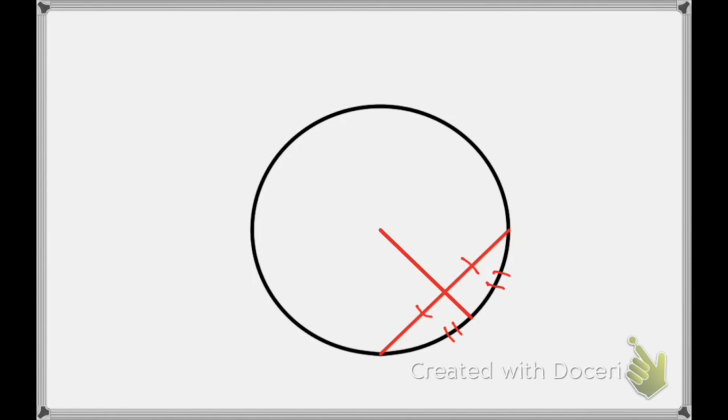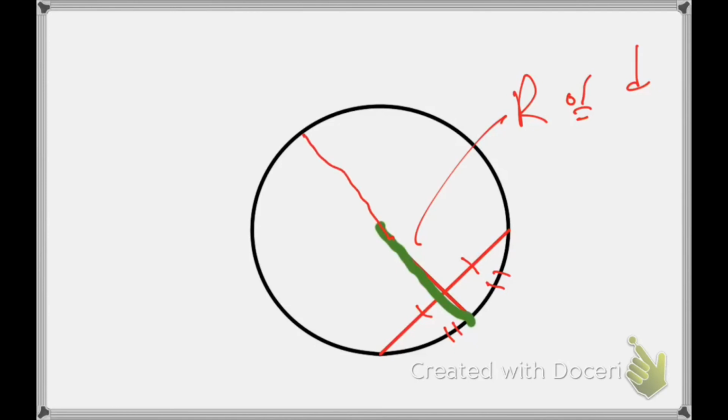If we start with that information, my conclusion is that this segment that bisects the chord or the arc is going to be either the radius or the diameter, because for all we know it could go to the other side.